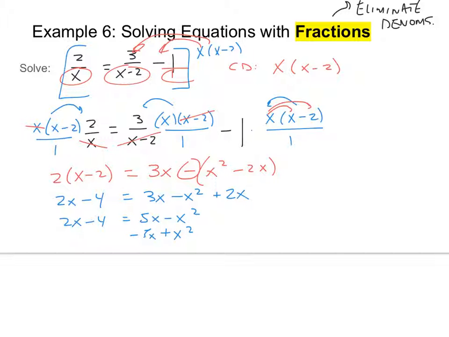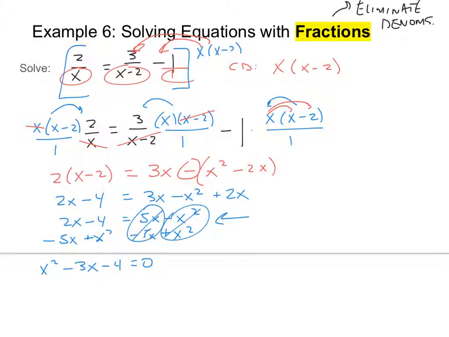So that's why I'm going to subtract the x squared over here, subtract the 5x, and I'm trying to get to a point where I've got everything equal to 0. So let's rewrite. Now I have x squared on this side minus 3x minus 4 equals 0. Okay, so I just subtracted everything from this side and I moved it over to the other side, did the same thing to both sides.